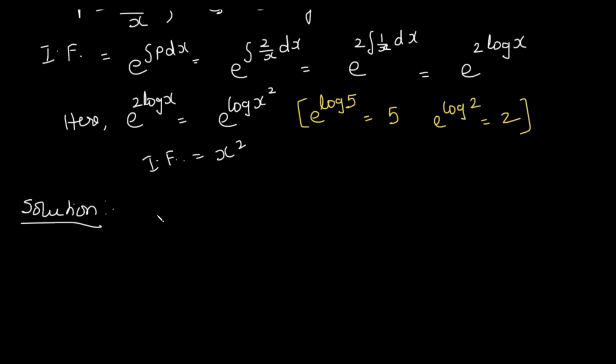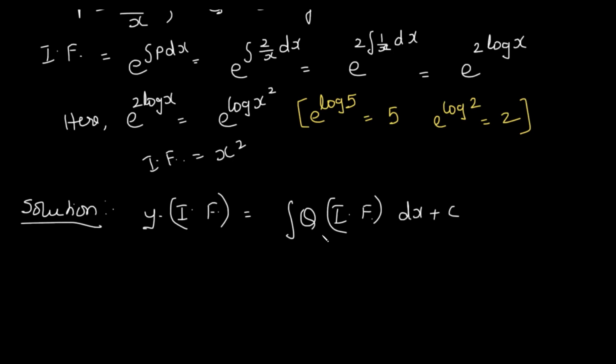The equation can be solved this way, that is, putting the formula: y into integrating factor is equal to integral q into integrating factor dx plus c. So we get over here y into x square, because that is our integrating factor finally.